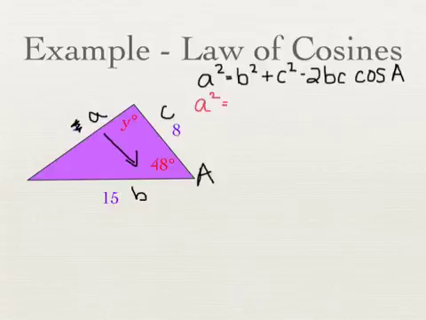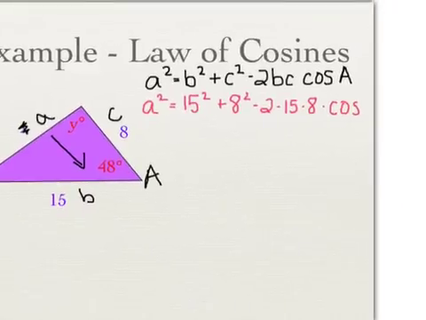B and C are my 15 and my 8. And again, it doesn't matter which order you put those in. So I would say 15 squared plus 8 squared minus 2 times 15 times 8 times cosine of 48.